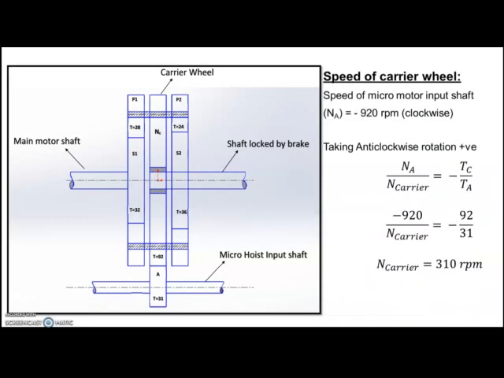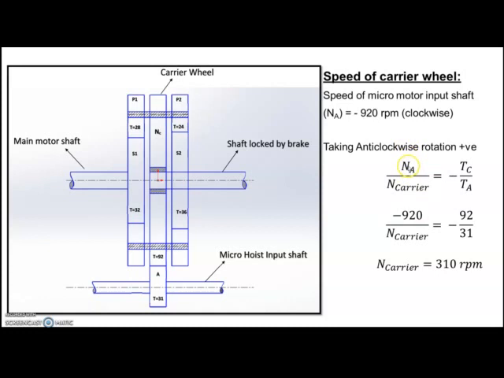Here the speed of the carrier wheel is given as minus 9, clockwise. I have taken the negative direction, and simply we can find the speed of the carrier with the help of A, because these two are simple gearing. There is no epicyclic arm between A and C, so the minus sign is not required here.